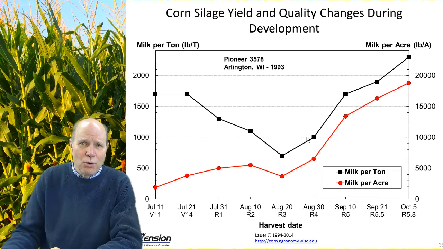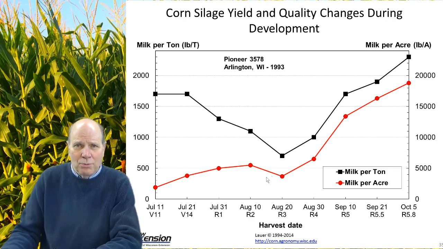This is important to know, because what we of course want to be doing is harvesting corn silage back out in here somewhere. But many times we'll have to plant corn late, or we get in a drought situation and probably have to harvest some corn back in here.